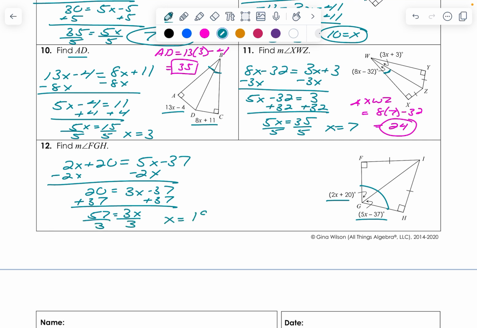X equals 19. So let's plug back into one of these. 2 times 19 plus 20. 2 times 19, 38, plus 20, 58. So this is 58, which means this is 58. And so angle FGH is equal to 2 times 58, or 116 degrees.